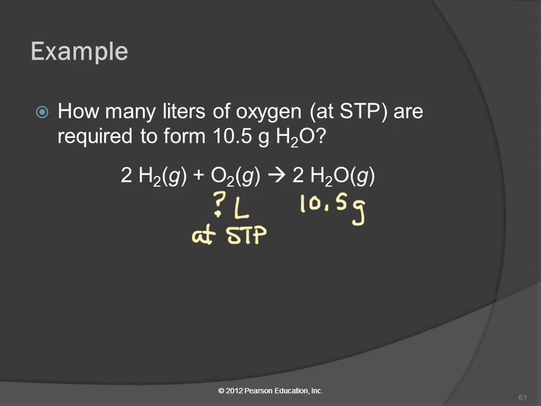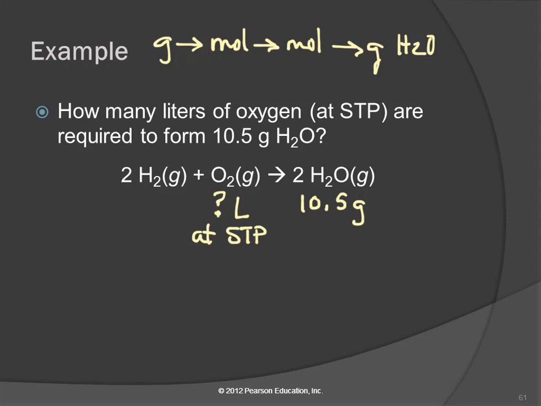So our normal mode was grams to moles to moles to grams. Hopefully you all have that down pat now. So at the end here, we want to find grams of water. But at the beginning, we don't have grams of oxygen. We have, no, I did that backwards, sorry.